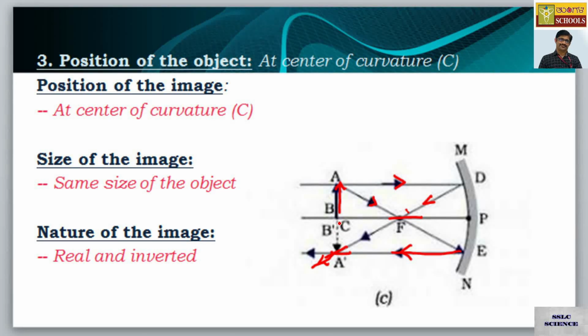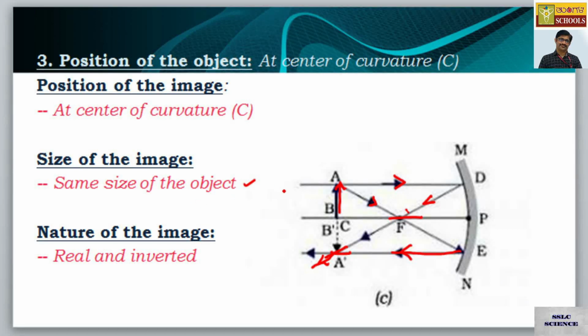So the image is forming exactly on the center of curvature again. At the center of curvature C, you will get the image, and the size of the image is the same as the size of the object.